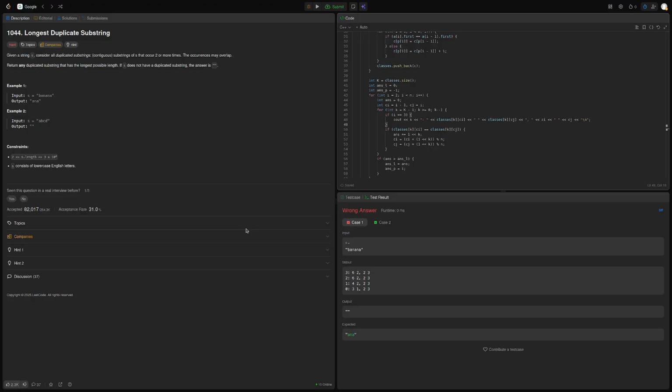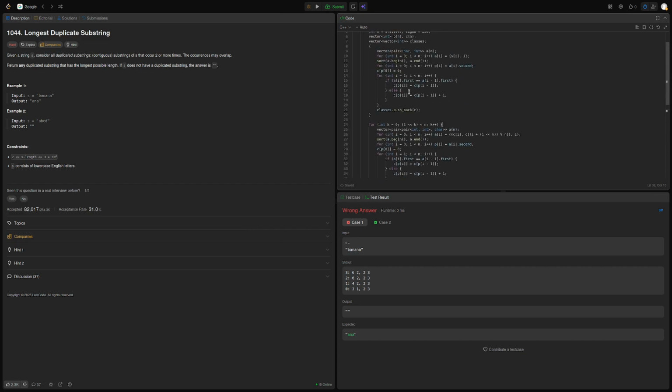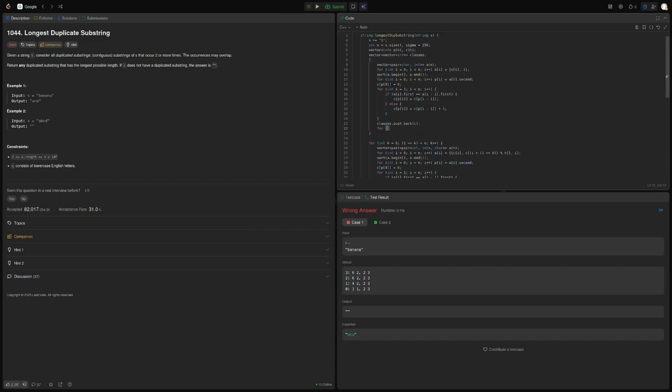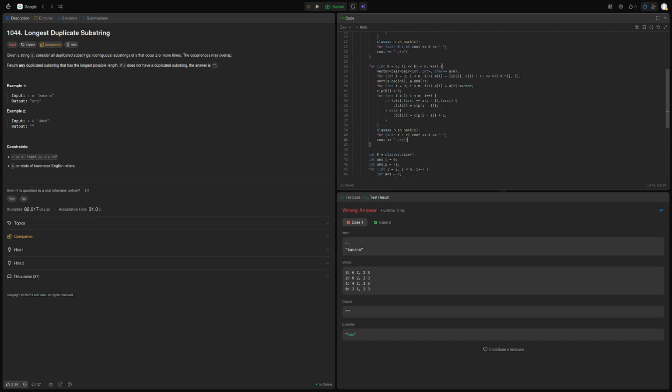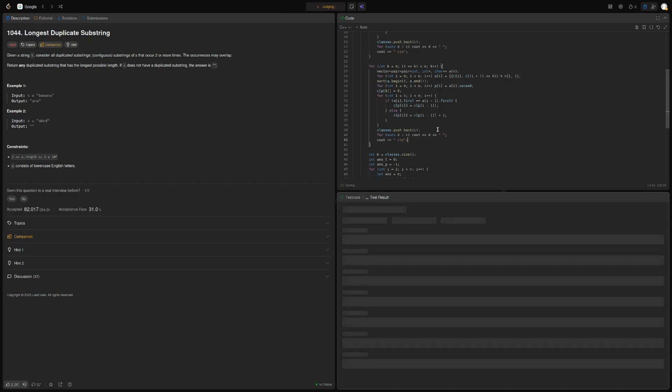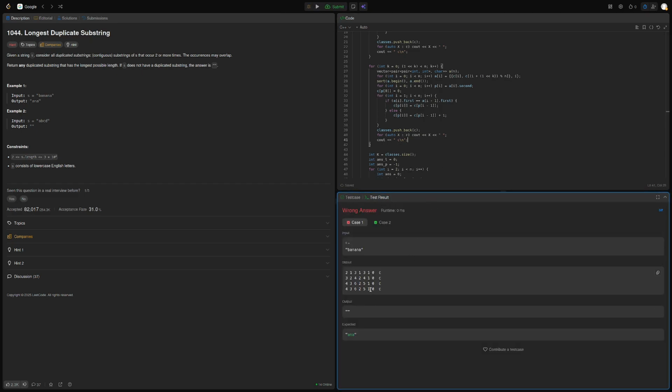That is weird, bro. So let's do for each iteration. Let's output the classes for x in C. I wanna see the classes, bro. There should be classes.